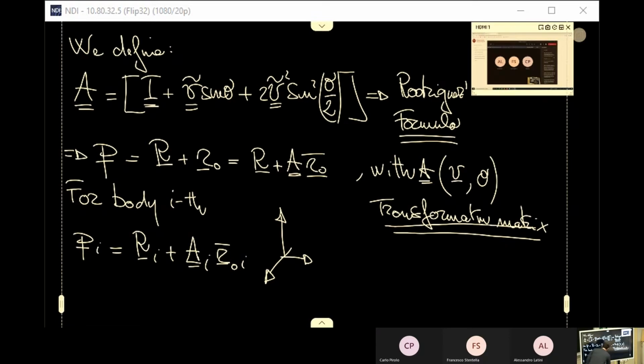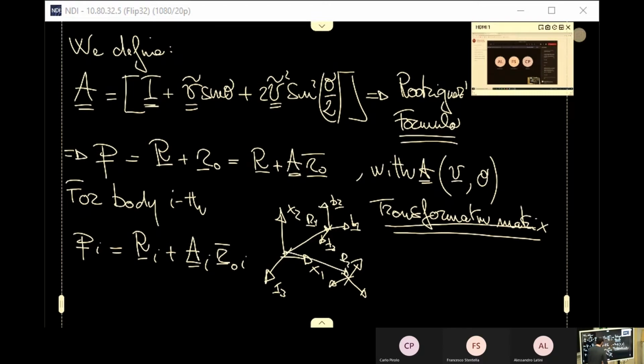If you want to have it clearly in mind: this is 1, 2, 3, X1, X2, X3. And then you will have, for example, one frame here for one body, and then another here, like this, for another body. So this is B1, B2, and B3. And here you will have R1, and then here, for example, R2.